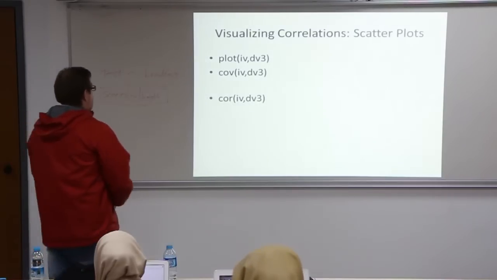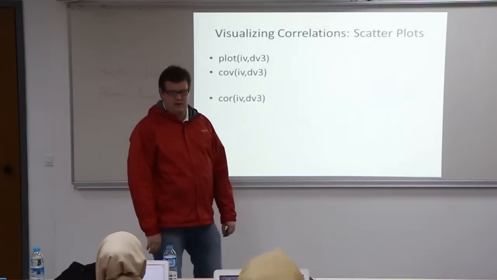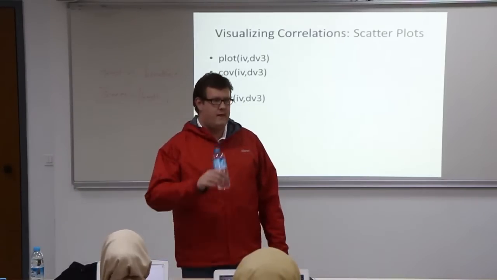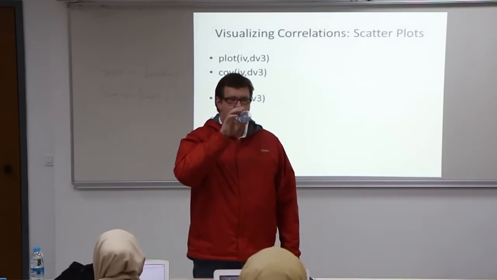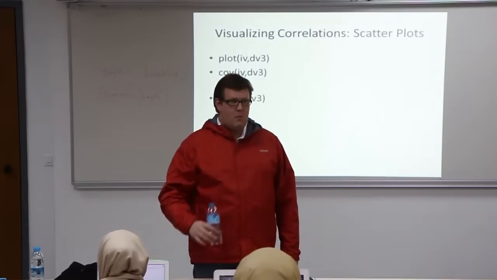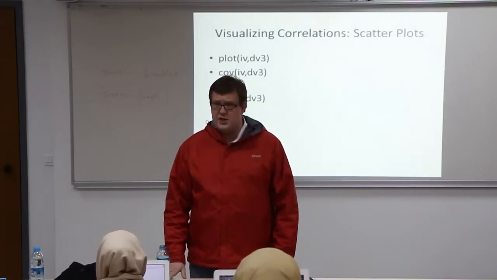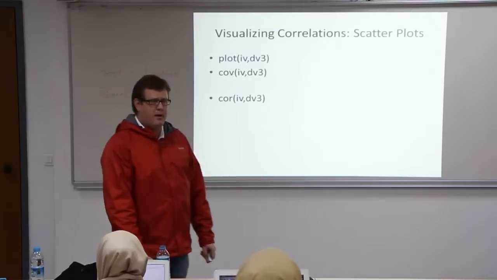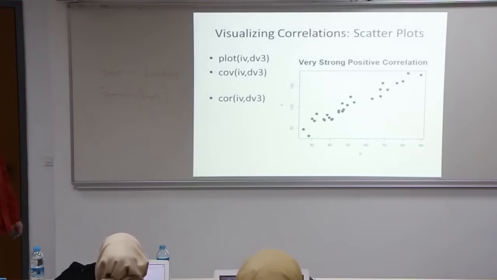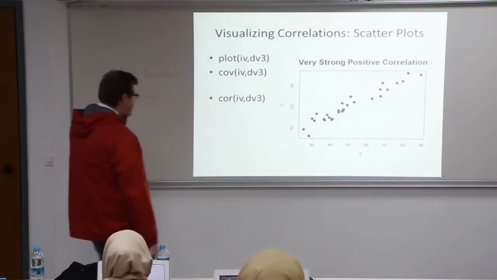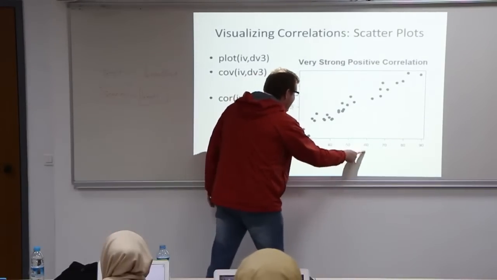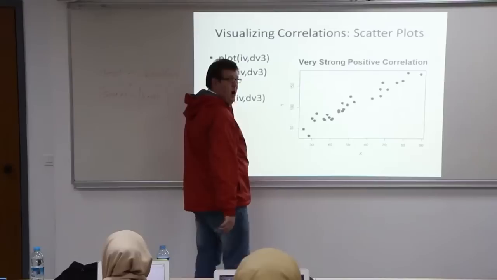All right, how about this? Let's do it for the third dependent variable. We have a positive relationship, but it's not a perfect positive relationship. Looks something like this. Now, generally, as we increase in x, we are increasing in y.